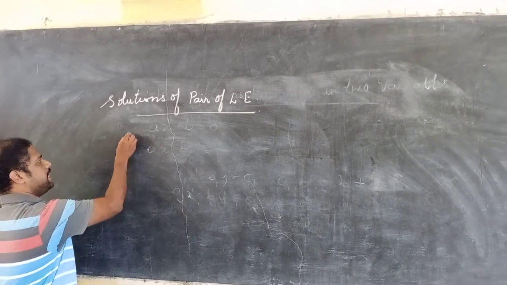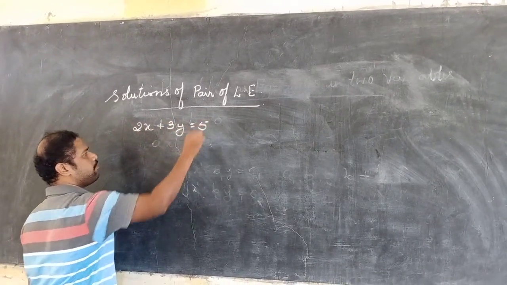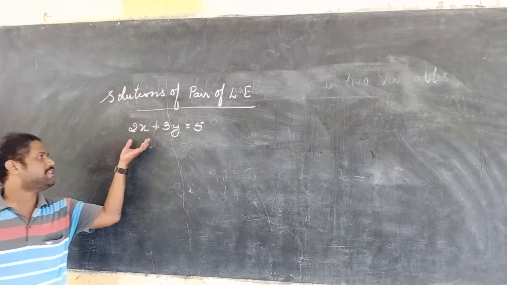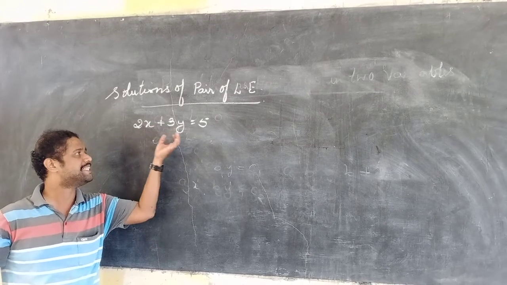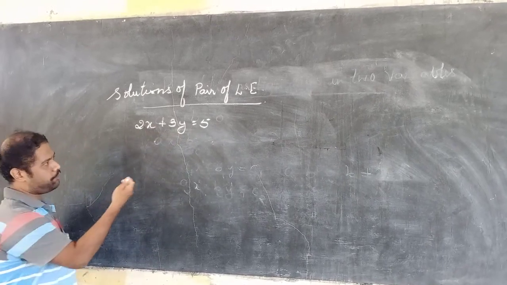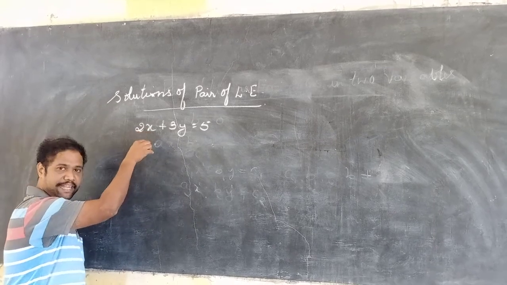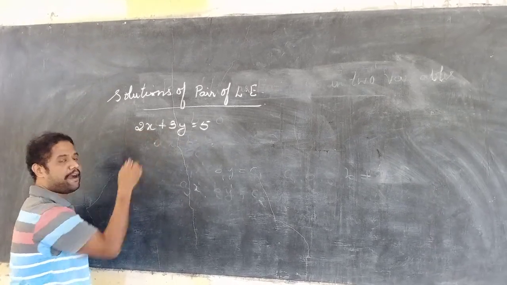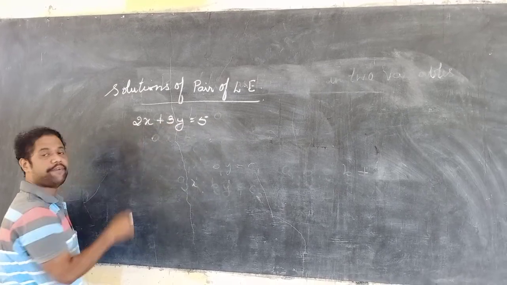Now we consider the equation 2x plus 3y is equal to 5. Now our intention is to find the solution for this, where the variables x and y exist. We can either find it by inspection method, or by giving any value to x we find y, or by giving any value to y we can find x.